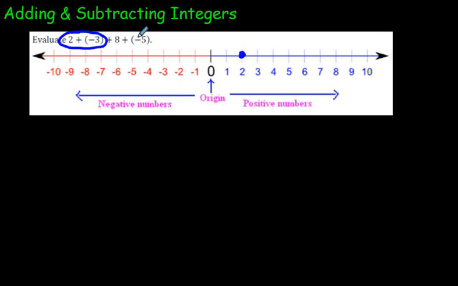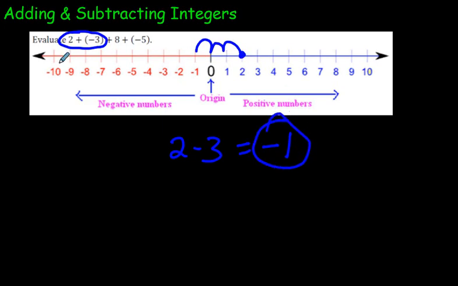You should really think of it as saying 2 minus 3. So instead of jumping to the right, we are going to go to the left. 1, 2, 3 jumps. So 2 minus 3, the answer would be negative 1.